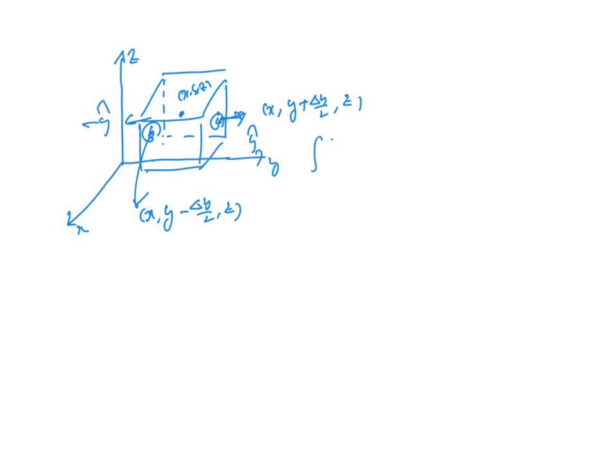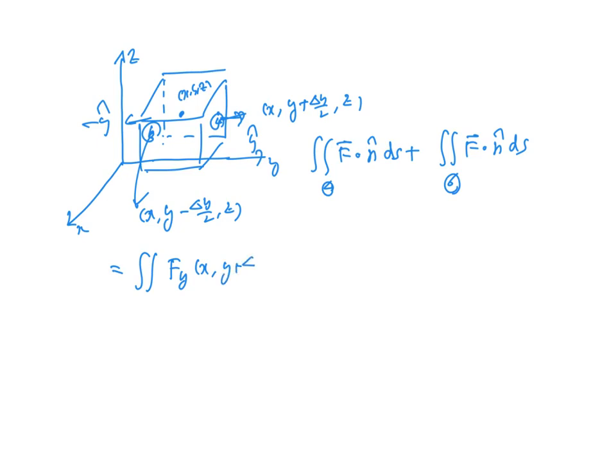So 4 and 6 is basically Fy at x, y plus delta y over 2, z, dx dz, minus Fy at x, y minus delta y over 2, z, dx dz.